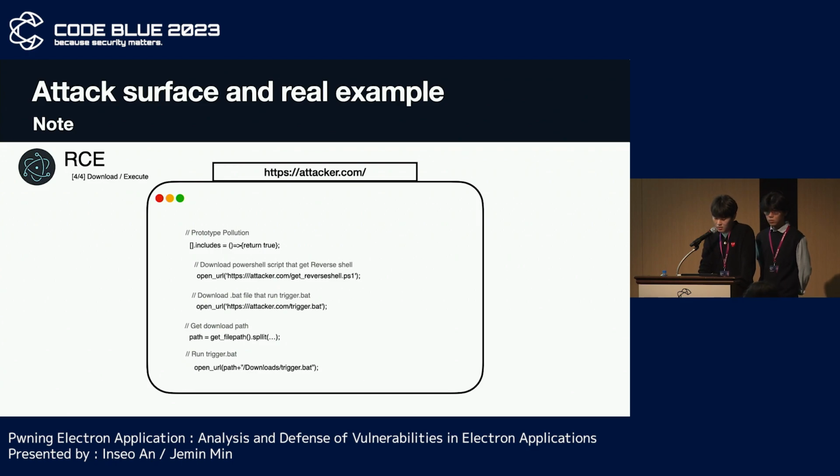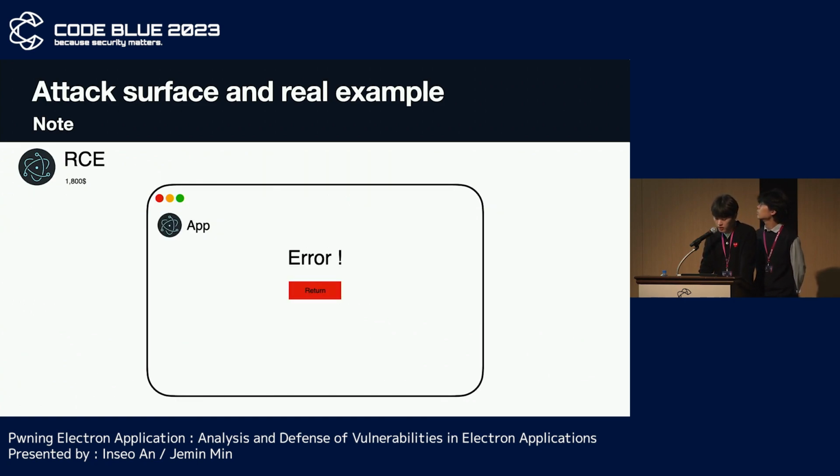Subsequently, we download the two files mentioned earlier from the attacker server. Since there needs to be a path to run a file, we obtain the path of the downloaded file that the application implemented. By running the downloaded file for the final time, we can successfully get a share.